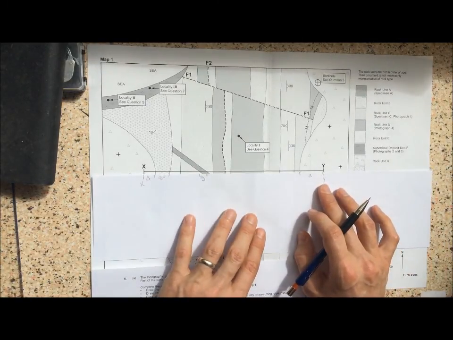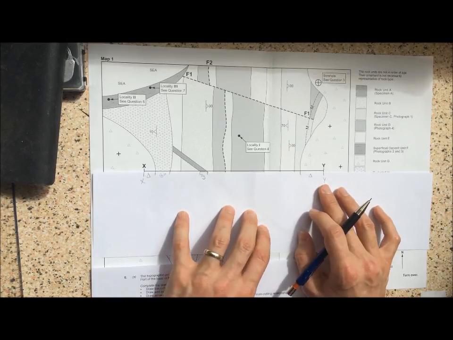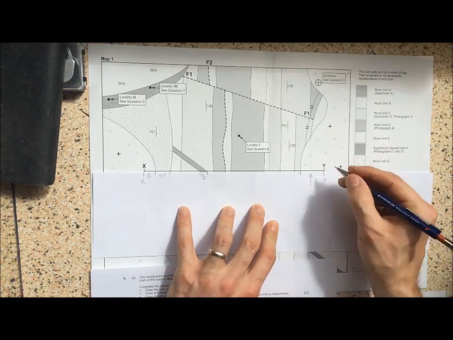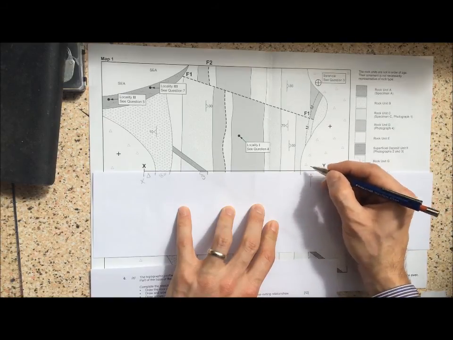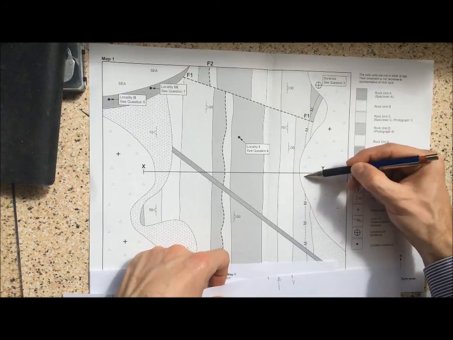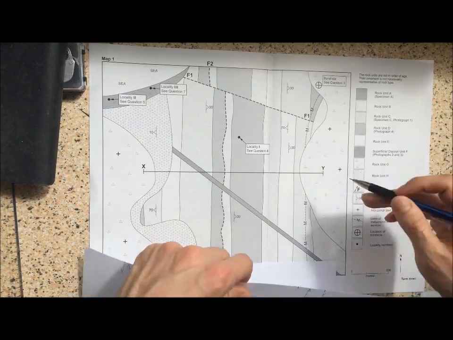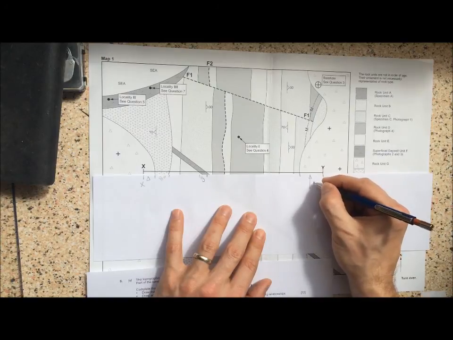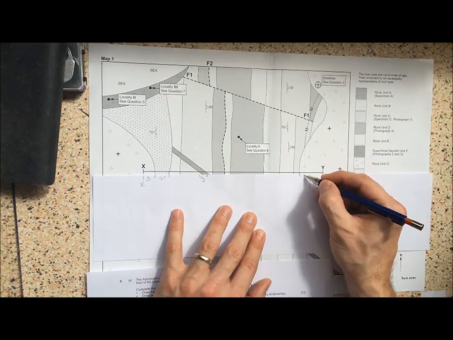So I can then plot it onto my piece of paper, but knowing that that is going to be underneath. We can also do the same with the metamorphic aureole to make sure that we get that in the right place also. So we know that that's going to be the pluton and that's going to be the metamorphic aureole.